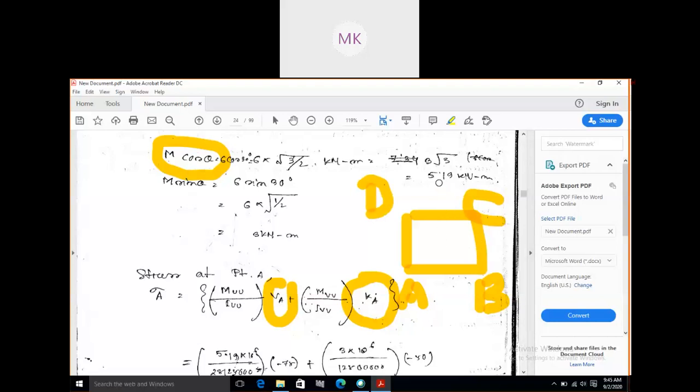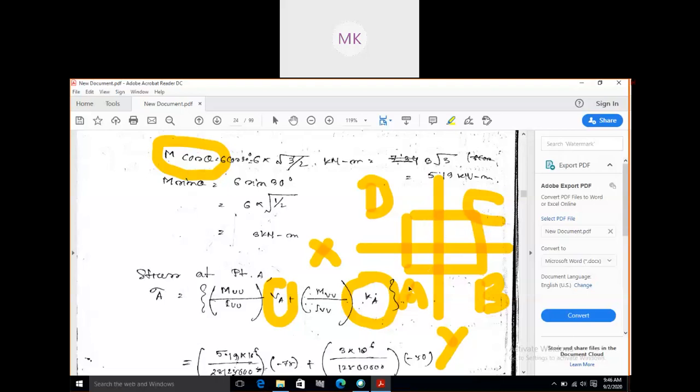If we draw the Cartesian axes along this section, say this is the x-axis and this is the y-axis, then for finding V and U we need to follow the Cartesian rule, as per the coordinate system: at which coordinate, what is the sign?